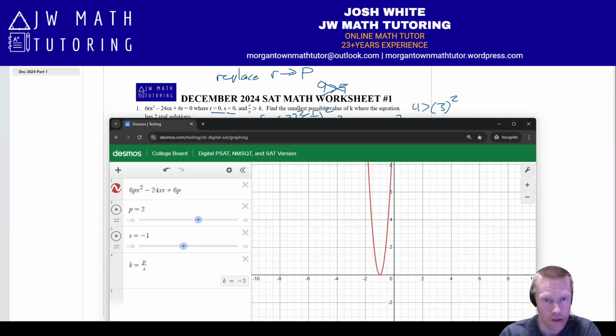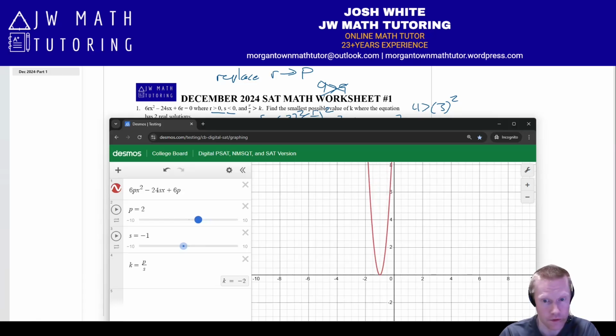So again, -2 is the floor, the lower limit for K. Your K value has to be greater than -2. If I make it less than -2, it just keeps going up and up, and there are no real solutions. So I have to go the other direction.